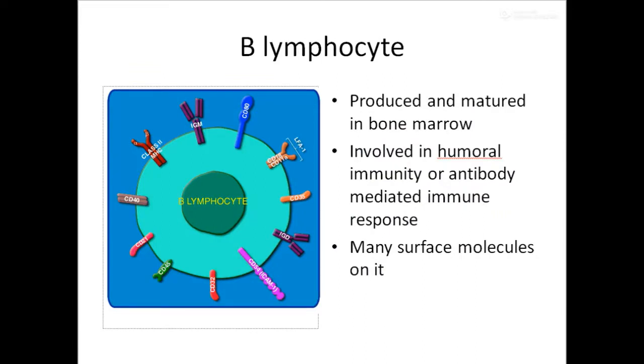The B lymphocyte is mainly produced and matured in the bone marrow. Bone marrow is a primary lymphoid organ, and the synthesis as well as the maturation of the B lymphocytes mainly happen within the bone marrow. And as I mentioned earlier, the B lymphocyte is mainly involved in humoral immunity, or the antibody-mediated immune response.